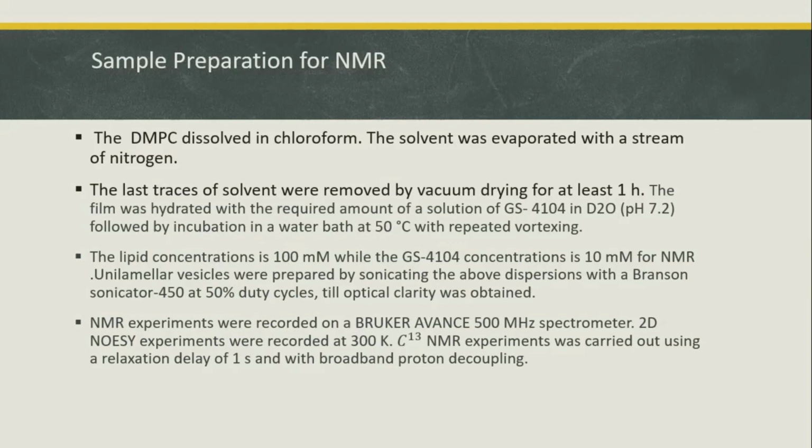We use a model membrane, which is prepared using DMPC. This NMR experiment is recorded on a Bruker Avance 500 megahertz spectrometer, and we also do a 2D NOESY experiment to identify the interaction of this drug and our target. We do the NMR experiment using carbon-13 spectra.